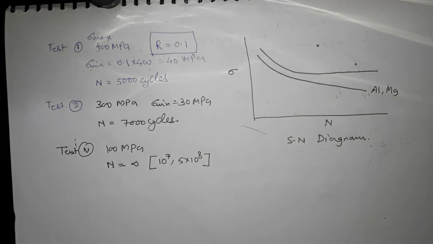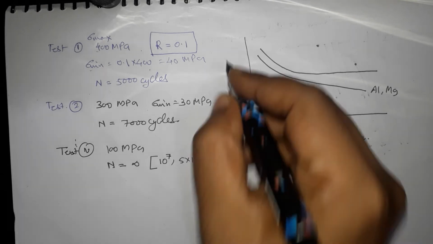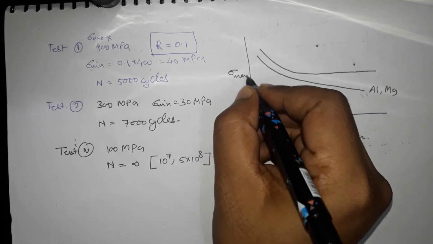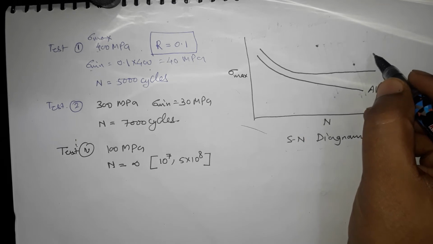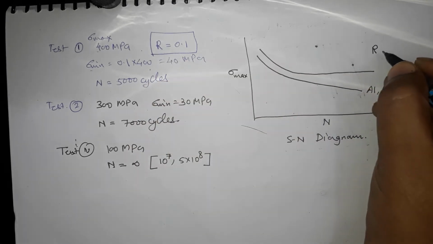As we discussed in the last lecture, we can plot the amount of stress which was applied. So this could be sigma max, and then you can change the value of R ratio.